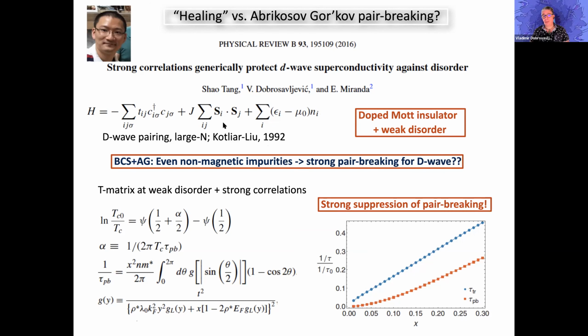And then we find that this pair breaking is strongly suppressed due to strong correlation. So this may be the reason why D-wave superconductors don't exist in the real world when they're weakly correlated, but they do exist in many, many strongly correlated systems, not only cuprates, but now also pnictides, probably in Mott organics, and now in more materials. So this is something very interesting, that strong correlations have a very robust way to screen the disorder, to suppress it once they're strong, and that has many interesting consequences.